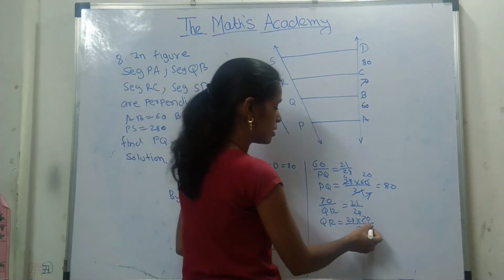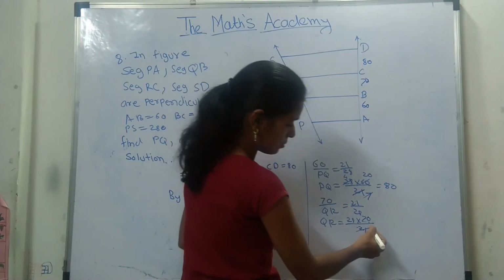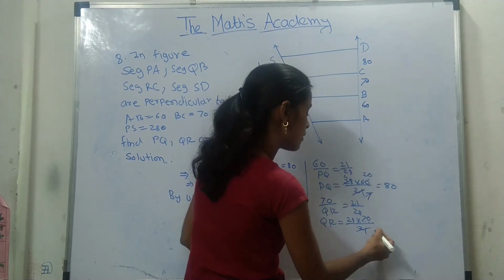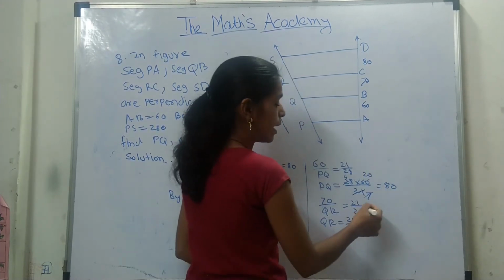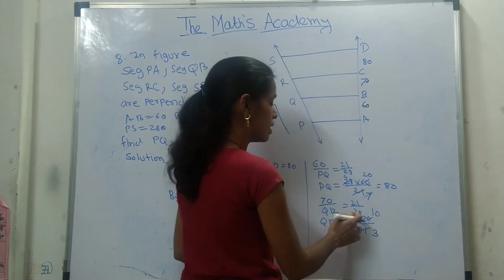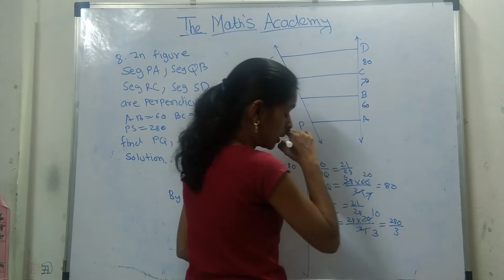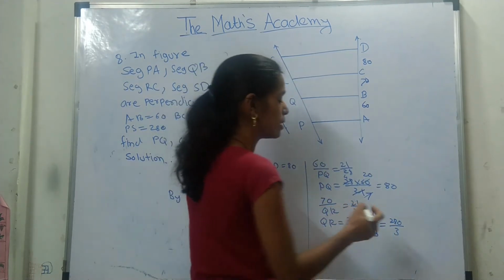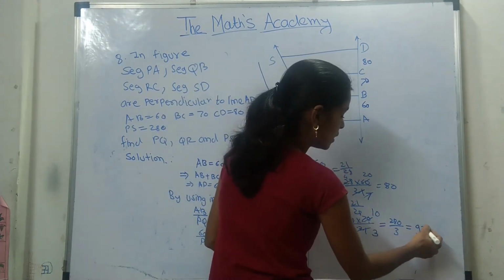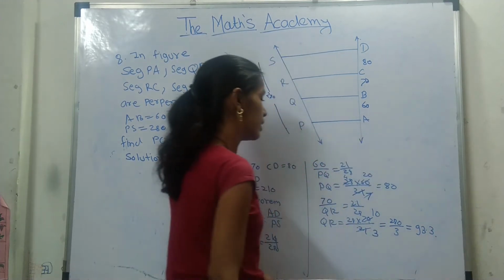We know that this is divisible by 7. 7 threes are 21 and 7 tens are 70. Here you will get 280 divided by 3. If we divide 280 by 3, then you will get 93.3.